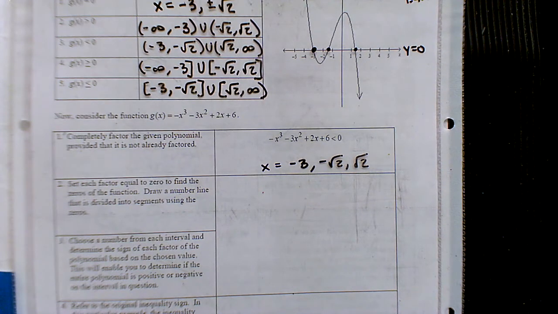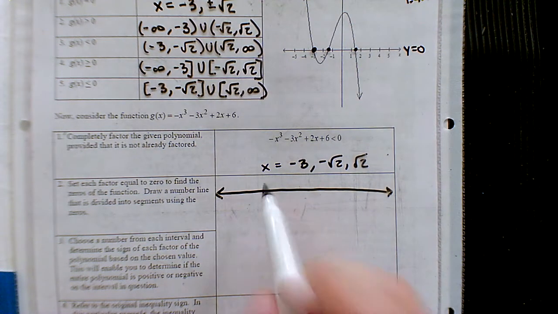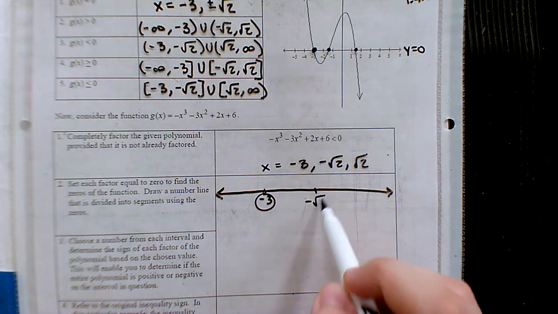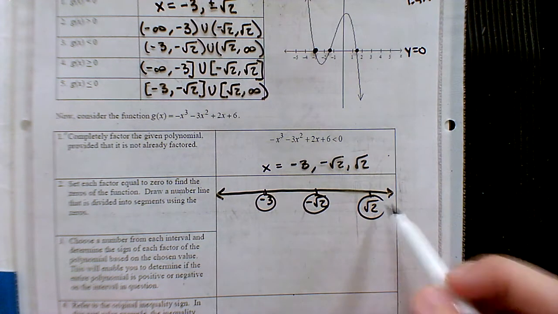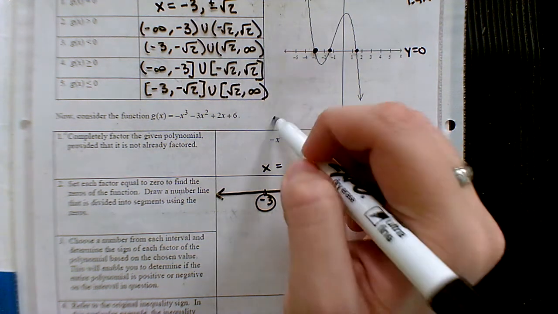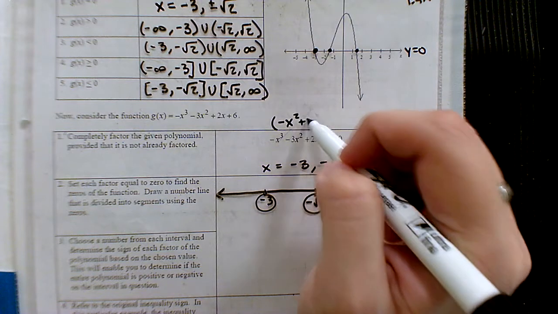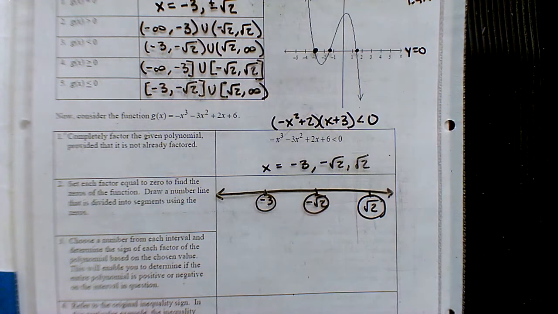So those are going to be the special numbers that we label on that number line. Make sure we put them in order. Maybe I'll write down the factors we had too, because we're eventually going to plug in numbers into them.